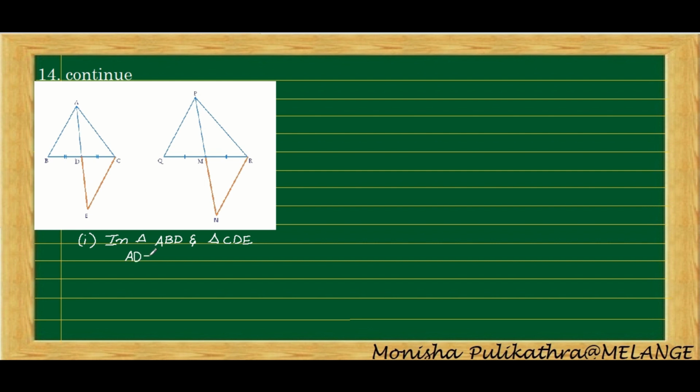Next, BD is equal to DC. Why? Because AD is the median, which cuts the side into equal halves. Therefore BD is equal to DC.